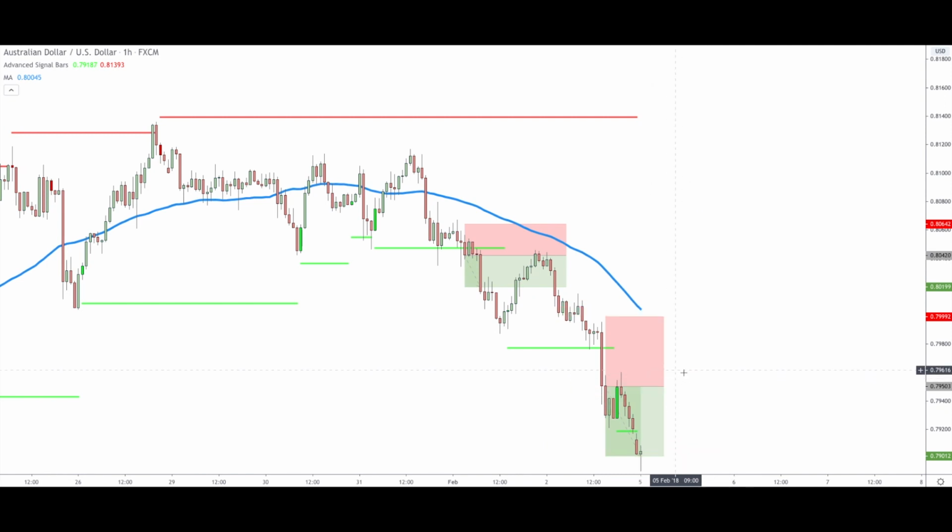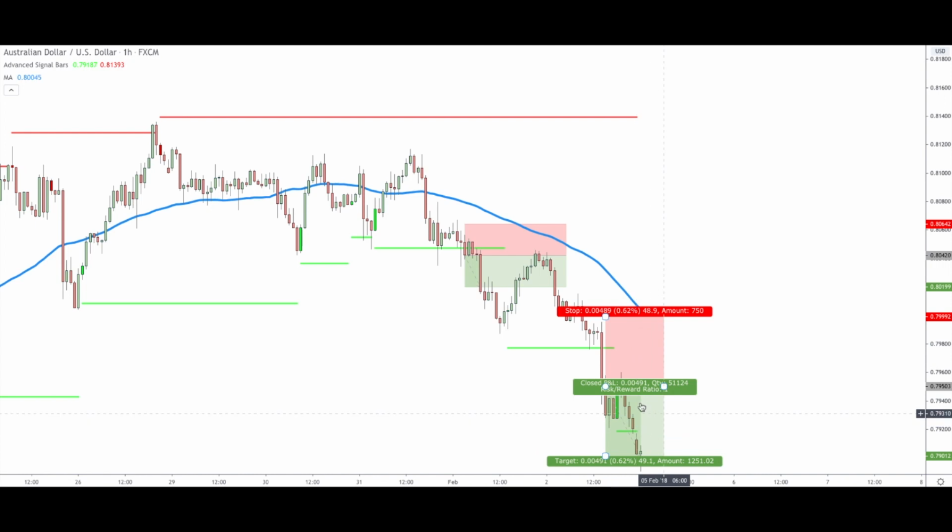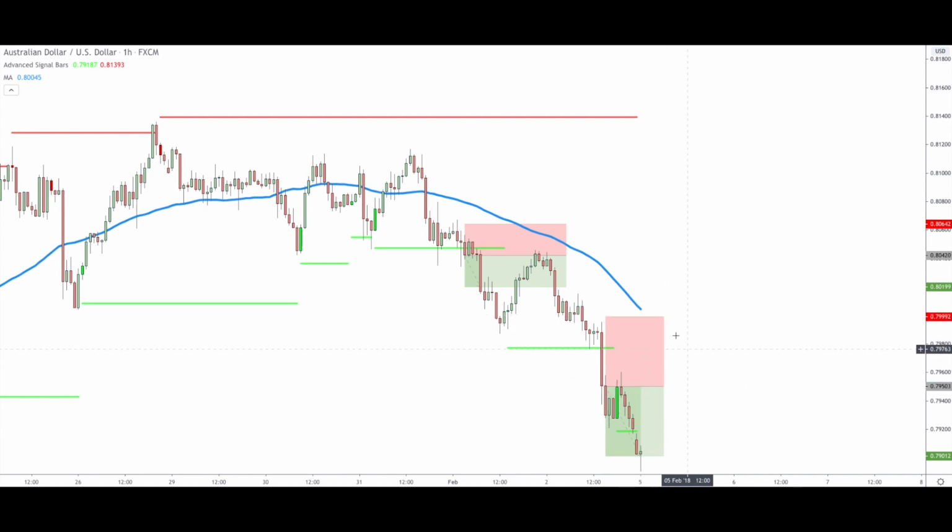So since I'm already risking some money, I typically skip the trade and don't take the opportunity. Because in the end, if we are correct, as it looks like we are in a downtrend, we have plenty of opportunities.